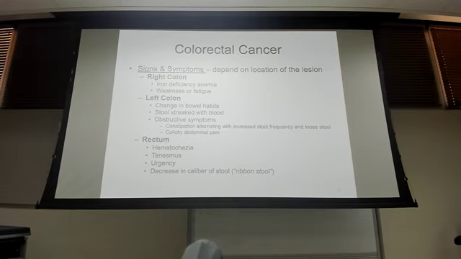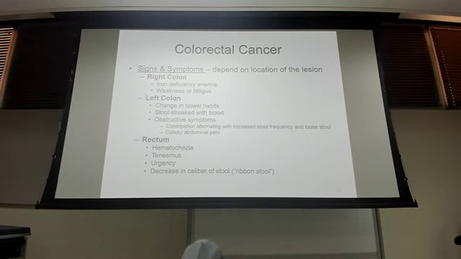However, if it's on the left, we start seeing more changes in bowel habits. The stool can be streaked with blood because obviously that's lower down in the GI tract, closer to the rectum. So if there's a mass or cancer there and it's a bloody lesion, obviously we can see streaks of blood on the stool because the stool is not traveling as far into the GI tract when it's close to that mass in the lower GI on the left side of the colon.